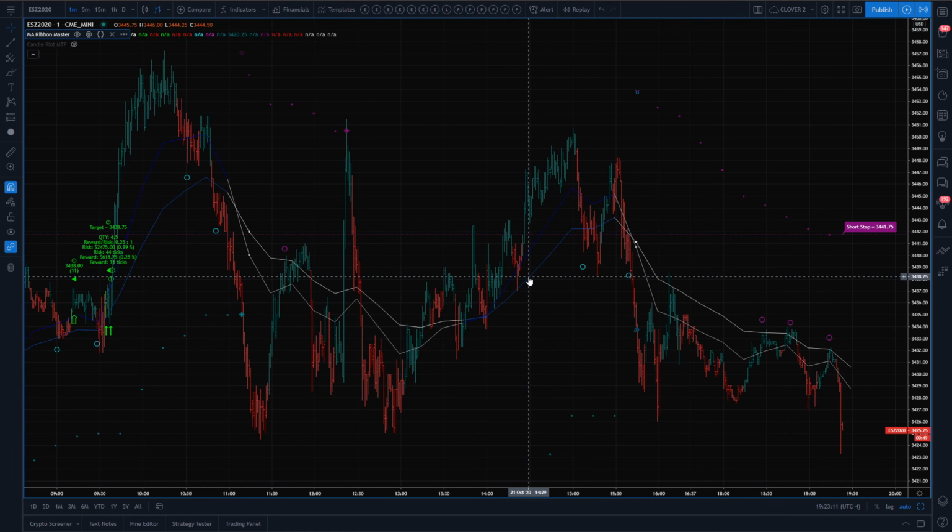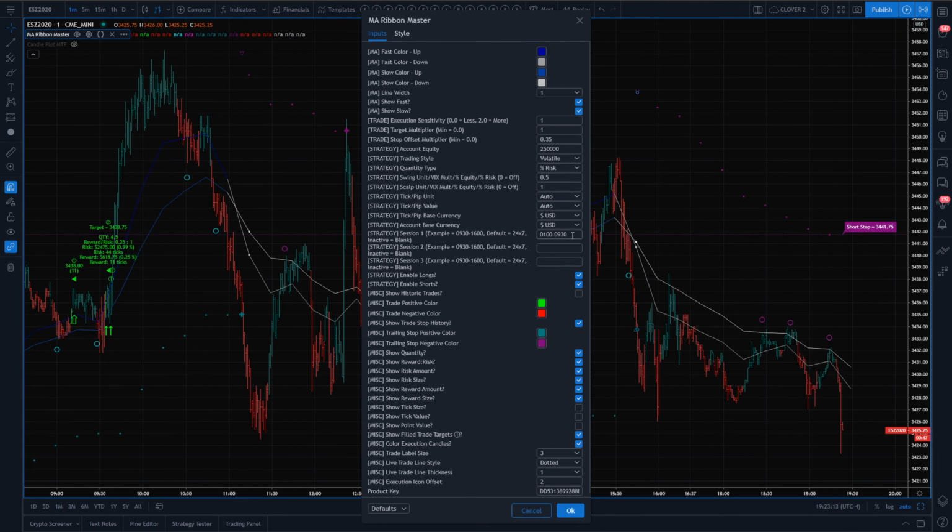I can stack more session windows if I want to, and capture maybe if I wanted to capture, say, the Asian Open session, so something like maybe 1800, which is 6 p.m. So I would do 1700, maybe to, let's say, 2000.